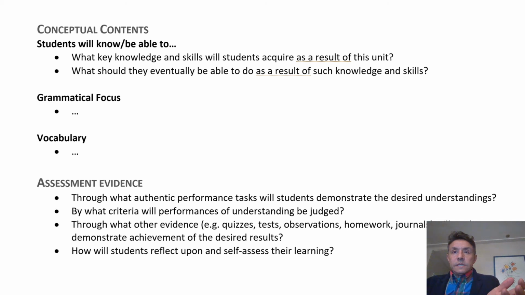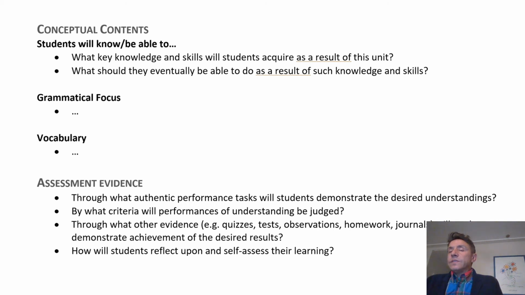Then conceptual contents, in which you're going to be able to discuss the rest. Students will know or will be able to do, and what are you going to include here. What key knowledge and skills will students acquire as a result of this unit? Or what should they eventually be able to do as a result of such knowledge and skills?